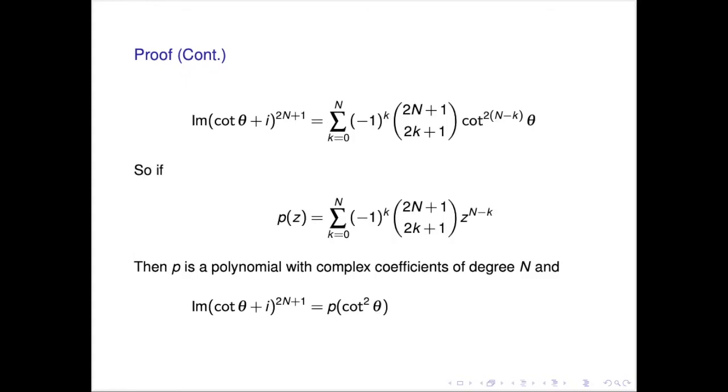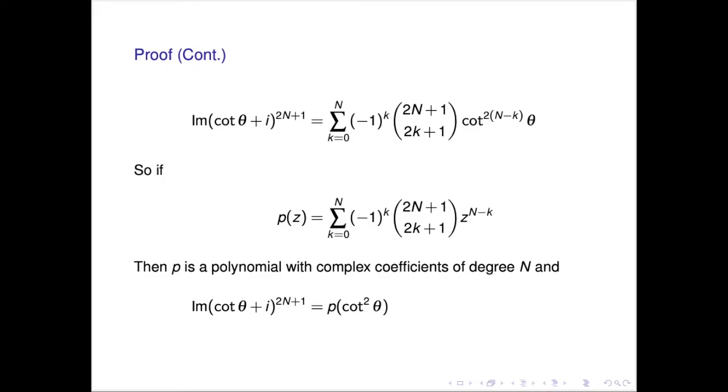Now translating this into a polynomial expression, we see that if we label the sum as k goes from 0 to capital N of (−1)^k times (2n+1 choose 2k+1) times z^(n−k) as a polynomial p(z), then p has complex coefficients and is of degree capital N. Furthermore, the imaginary part of (cot θ + i)^(2n+1) equals the polynomial p evaluated at the point cot²θ.